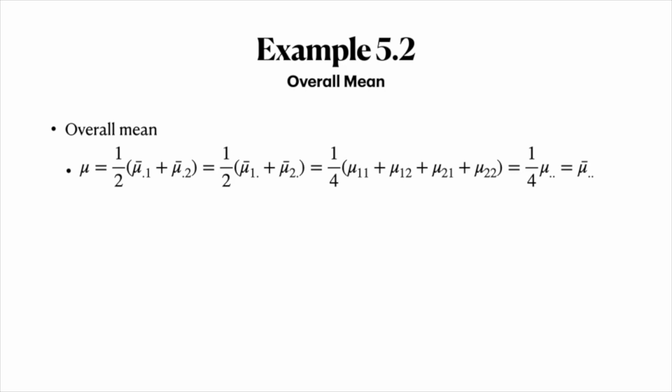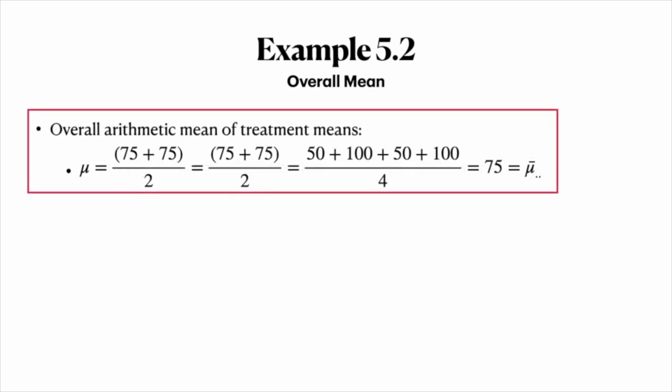We have the four treatment combination means, which were given in the statement of the example, and we've just previously calculated the column means as well as the row means. And so we have all the ingredients we need to calculate the overall arithmetic mean of the treatment combinations using any of these three formulas. And in this case, that overall arithmetic mean of the treatment combination means is 75.